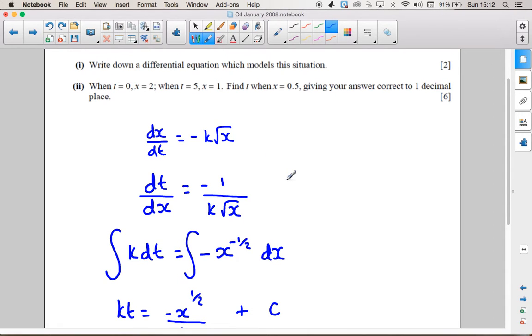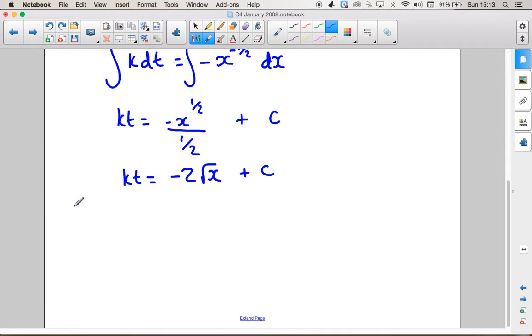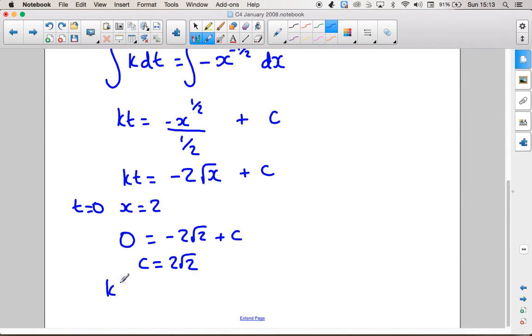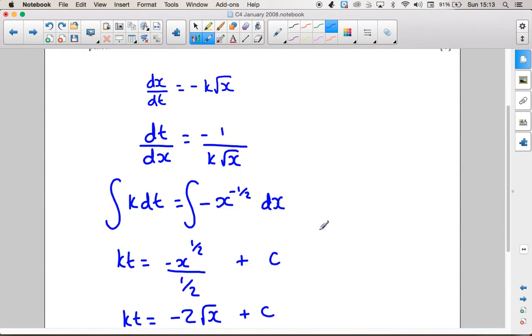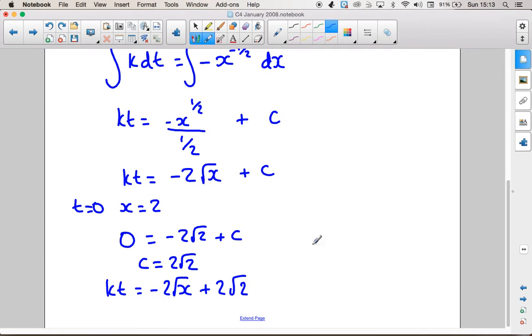So they first said when t is 0, x is 2. So we're going to have 0 here on the left. We're going to have minus 2 root 2 plus c. So c is positive 2 root 2. And it also said that when t is 5, x is 1.